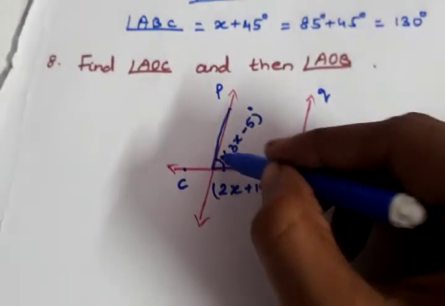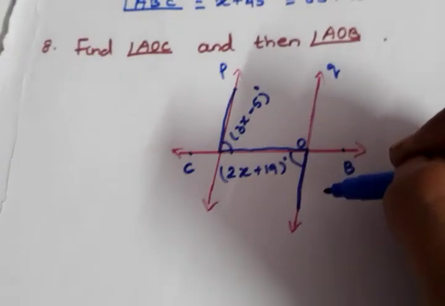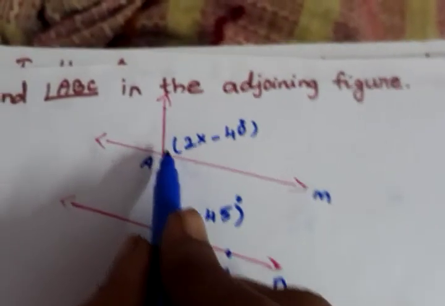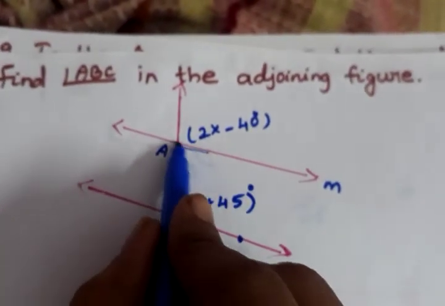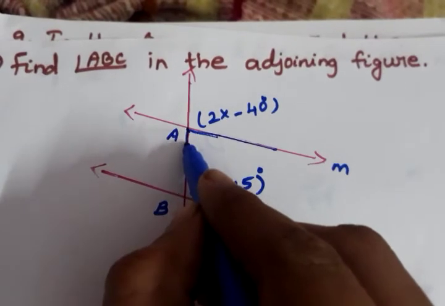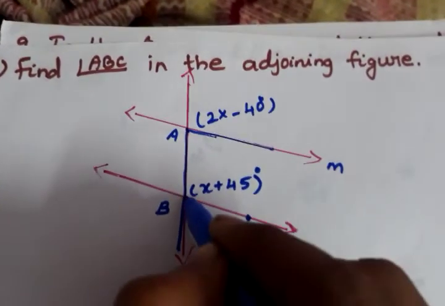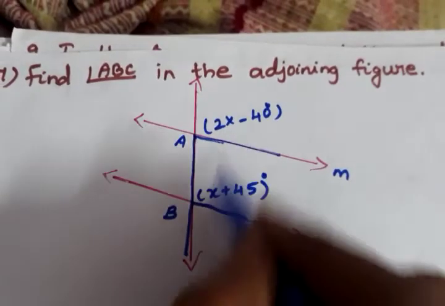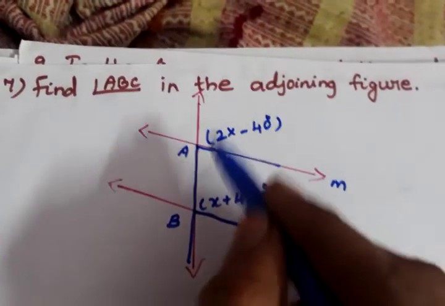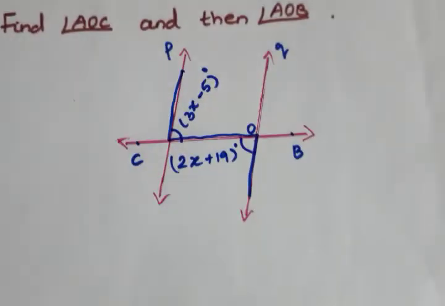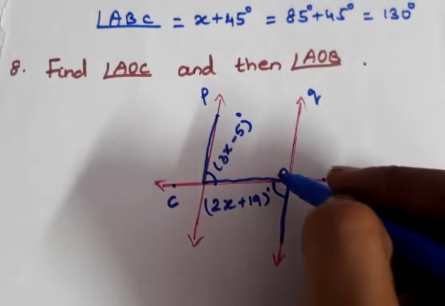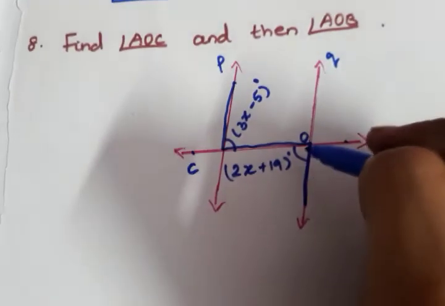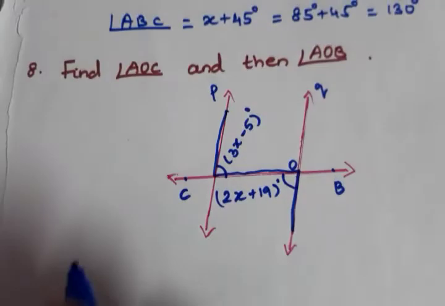This side and this side are equal. The F shape gives corresponding angles, which are equal. The Z-shape angle, this side is equal and this side is also equal, so these are opposite angles, like a mirror angle.